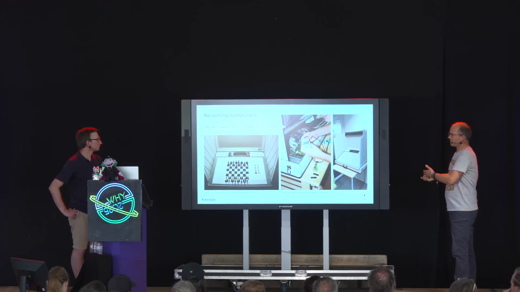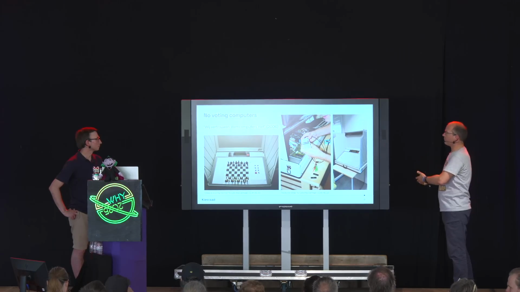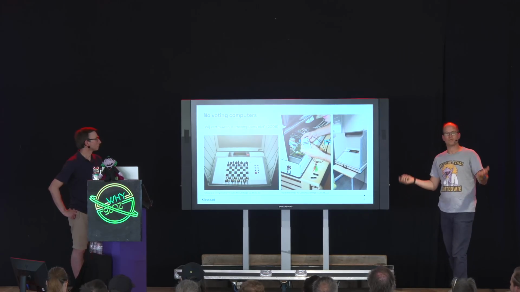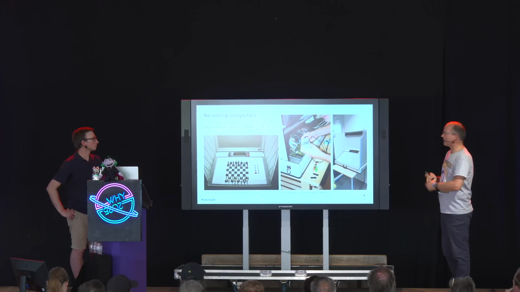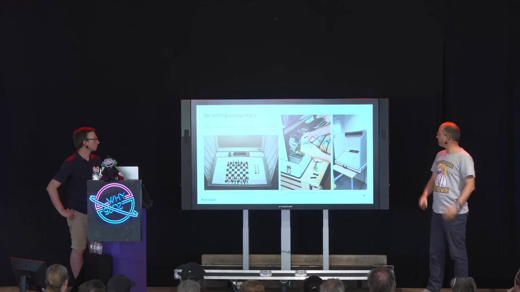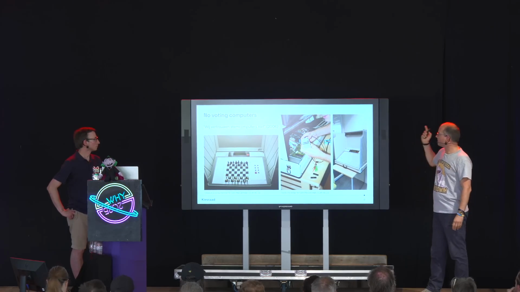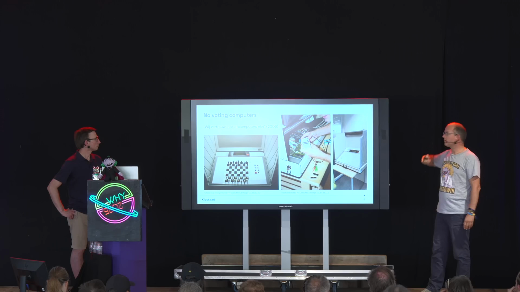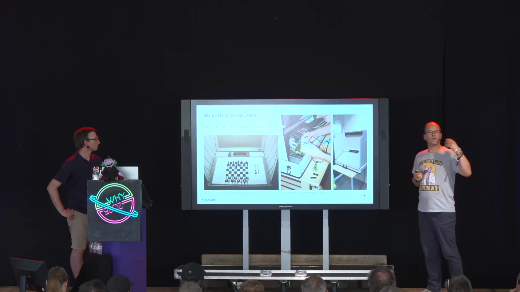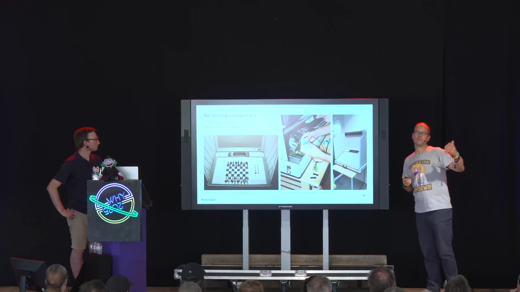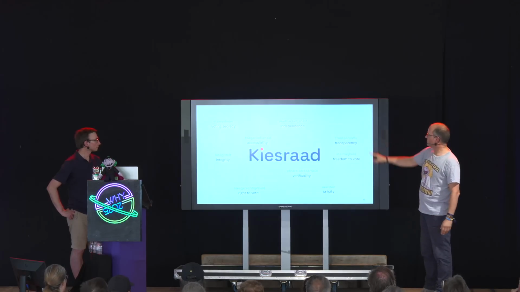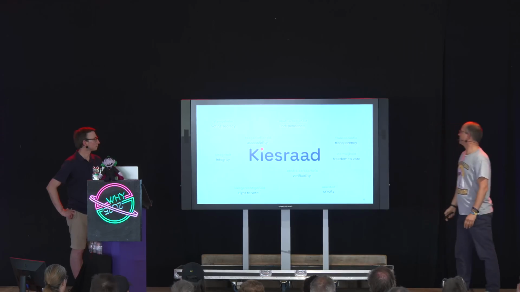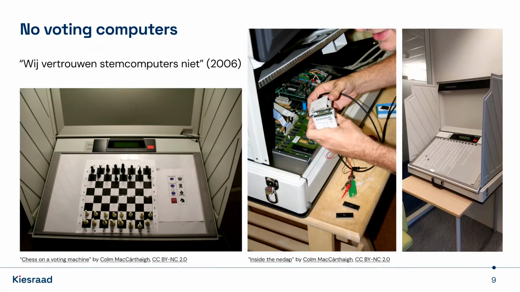So, with this respect, from Wij vertrouwen stemcomputers niet, which was an action started by Rob Gongrijp with the whole team of hackers. Finally, the Korthals Altes committee made a nice report, voting with trust, Stemmen met vertrouwen. And in this report, the most important values that we hold dear have been identified, and we try to work accordingly.